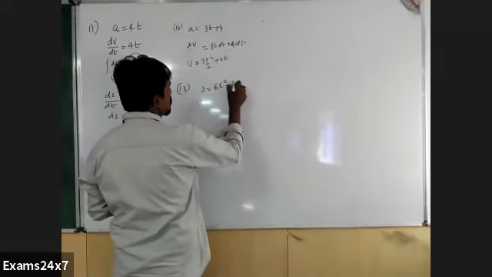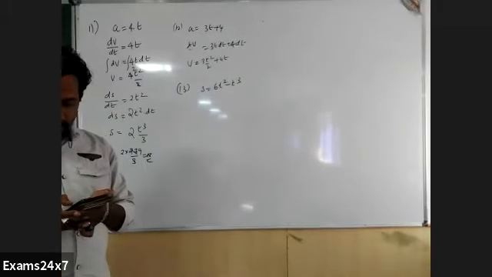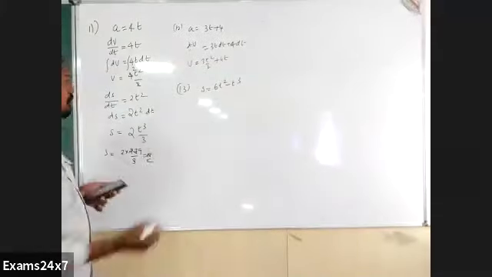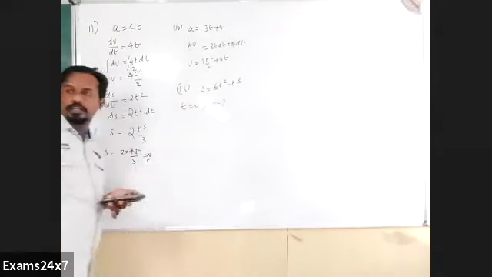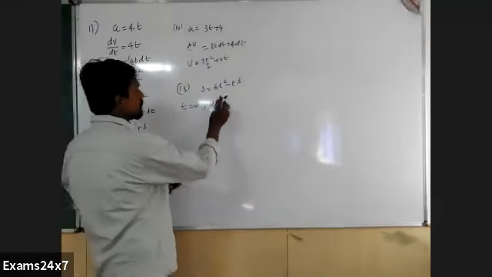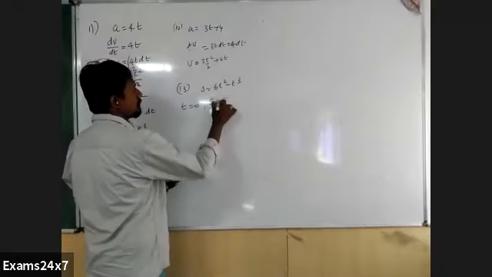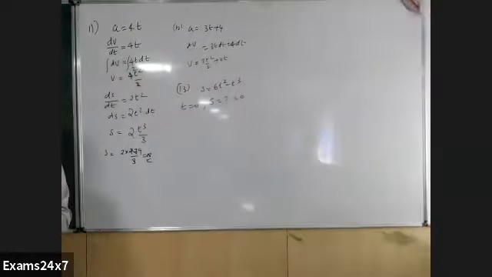The time after which the particle attains zero velocity again is. When t is equal to 0, what is velocity? First, when t is equal to 0, what is displacement? 0. Correct. That means now it is having zero velocity. Again at what time it will have zero velocity.